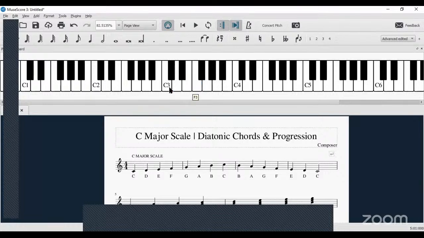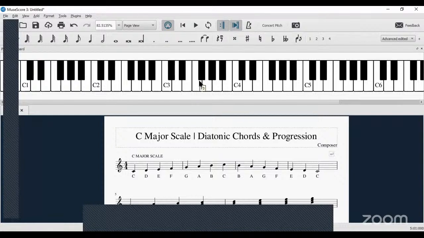Because remember, we had to skip over the C sharp to get to D. So we started here, we skipped over this one, and we came here. So that's a whole. If we start on D, we skip over this one, and we come here. Now that's a whole.